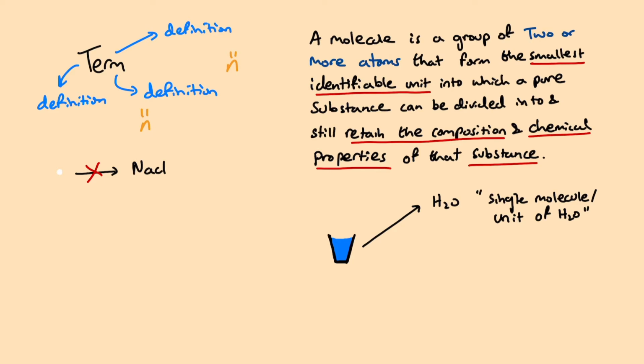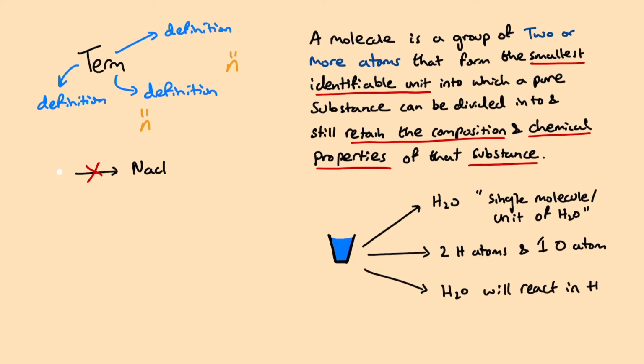So that ticks that box. Does H2O retain the composition? Yes, it does. Why? Because it still is made up of two hydrogen atoms and one oxygen atom. So it retains the composition, and it also retains the chemical properties, because a single molecule, or the smallest identifiable unit, in this case a single molecule of H2O, will react in the same way as a bunch of H2O molecules.